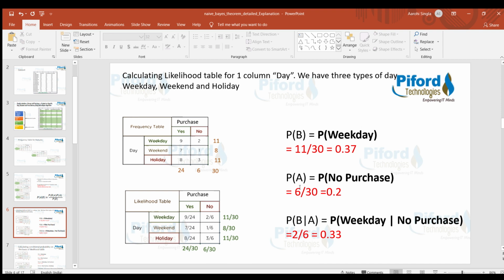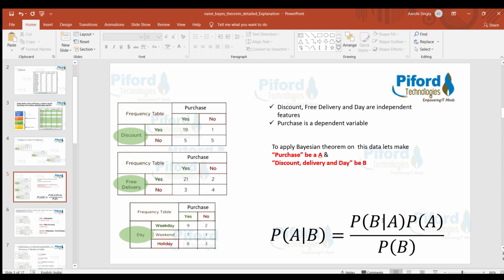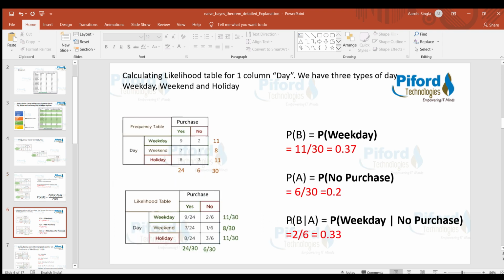So we know these two values now. Now let's find probability of B given A. This is what we want to find. B means weekday, A means no purchases, so we want to check on weekdays how many no purchases were there. 2 no in weekday, so that's what I've written here.